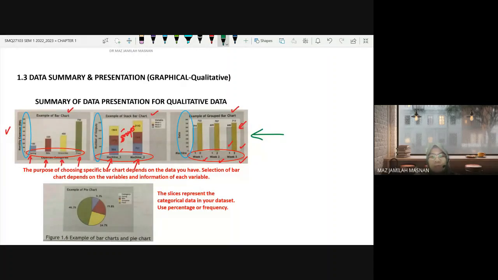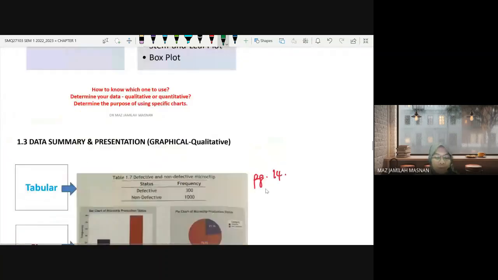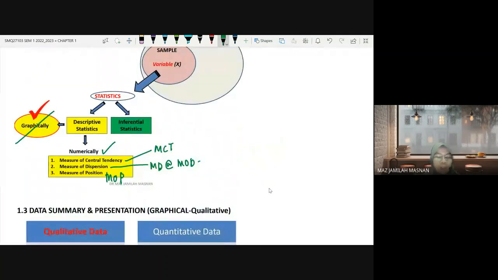Sometimes the chart won't be sufficient for you to explain the whole thing about your data. So that's why apart from graphical presentation, we must use our numerical presentation, which include these three.